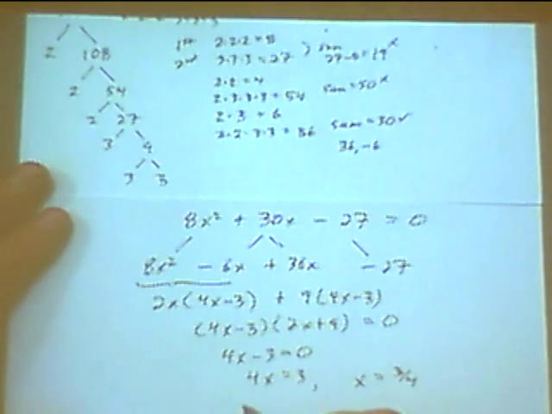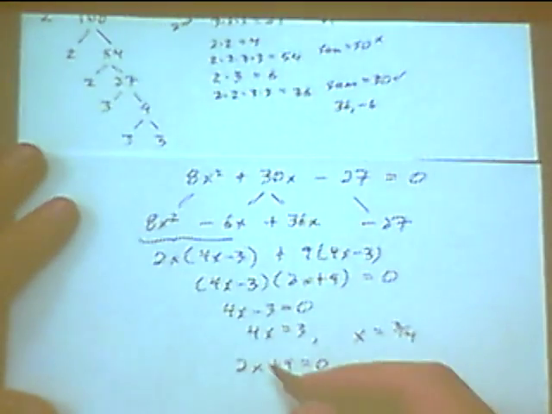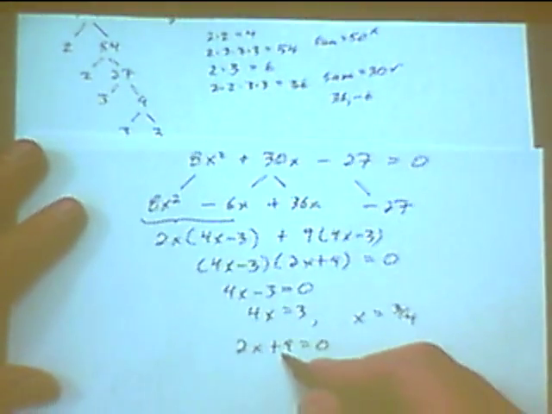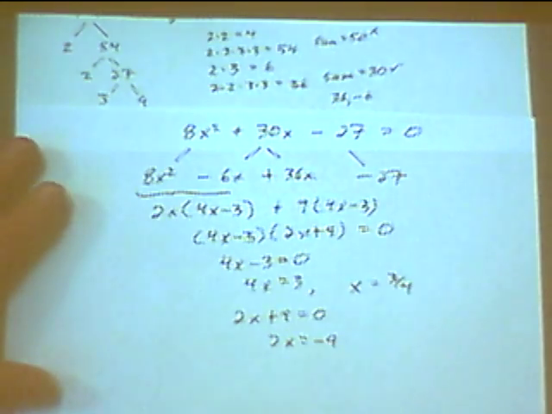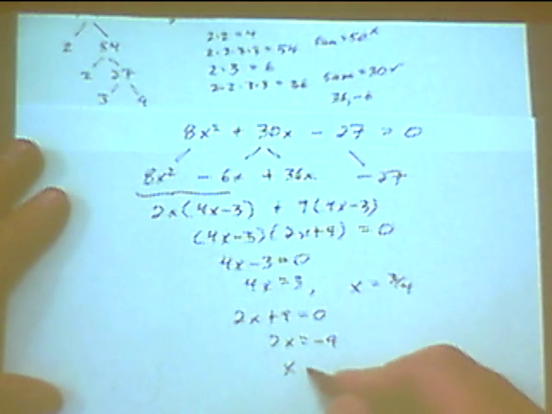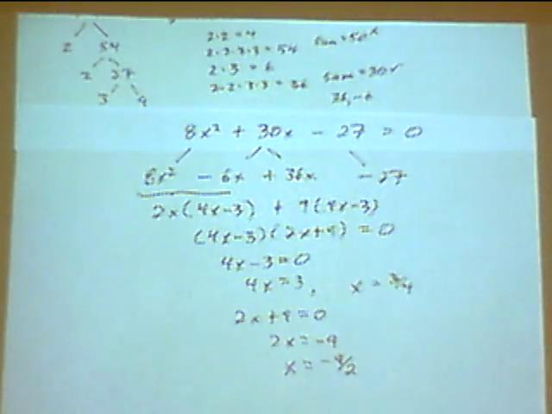The second parenthesis, 2x plus 9, I set it equal to 0. Subtract 9 from both sides. 2x equals negative 9. Divide both sides by 2. And x is negative 9/2.